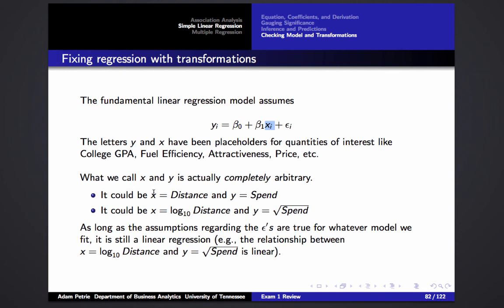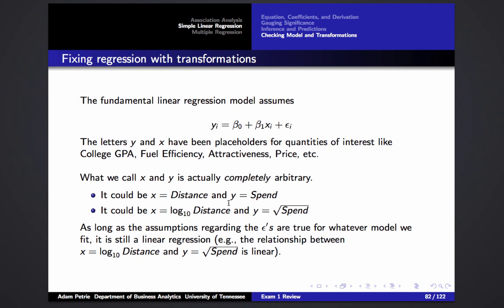So we could call x and y, say, the distance and the amount of money that someone's spending at a store, but we could also call x the logarithm of the distance that people live from the store, and y the square root of the amount of money that people are spending. It doesn't matter really what x and y are, they just have to be numbers. So they can be what we originally measured, or they can be transformations.